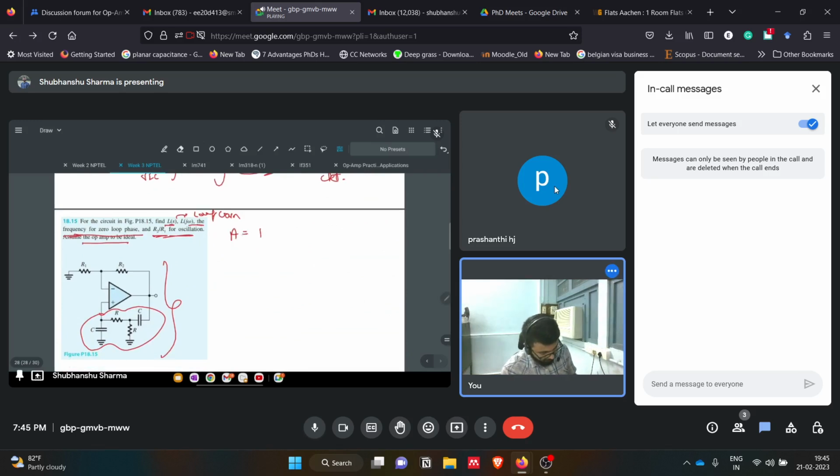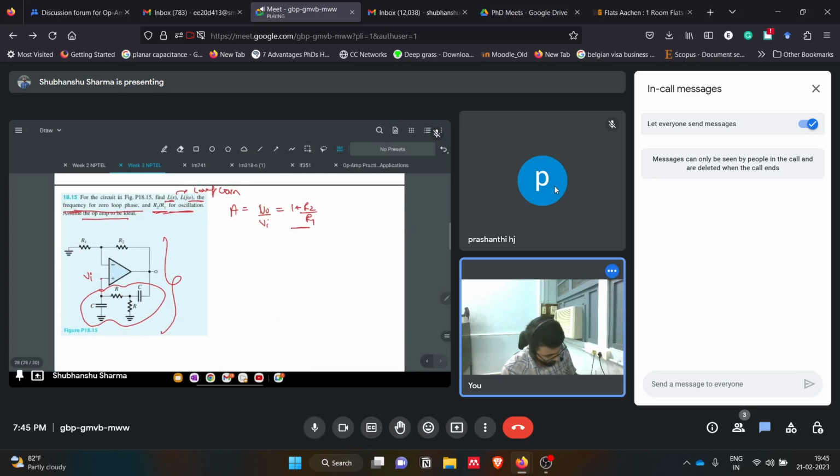A is V naught by Vi, which equals 1 plus R2 by R1. This is because of the negative feedback, the gain of a non-inverting amplifier. Then what is beta? Beta is Vf by V naught, where Vf is the feedback voltage.